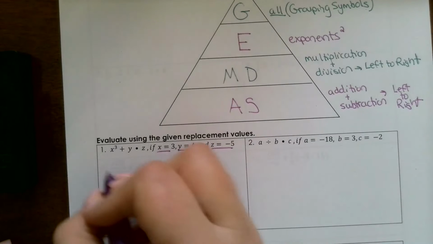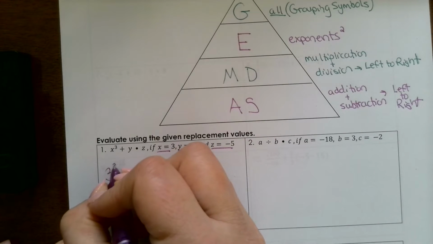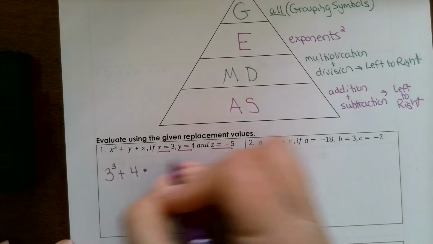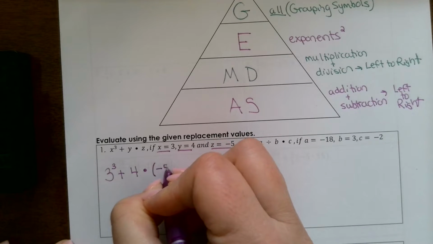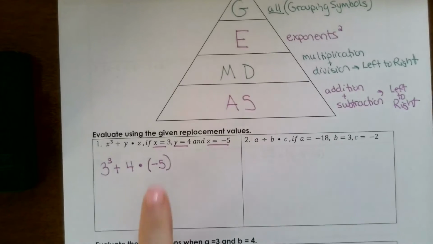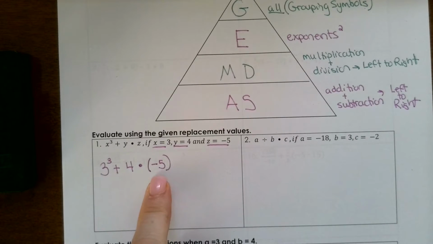So x is 3, so I have 3 cubed plus 4 times, and I just like to substitute my negative numbers in parentheses. It highlights the fact that this is a negative number, and I think it's really, really important to remember that negative numbers will impact the operations.